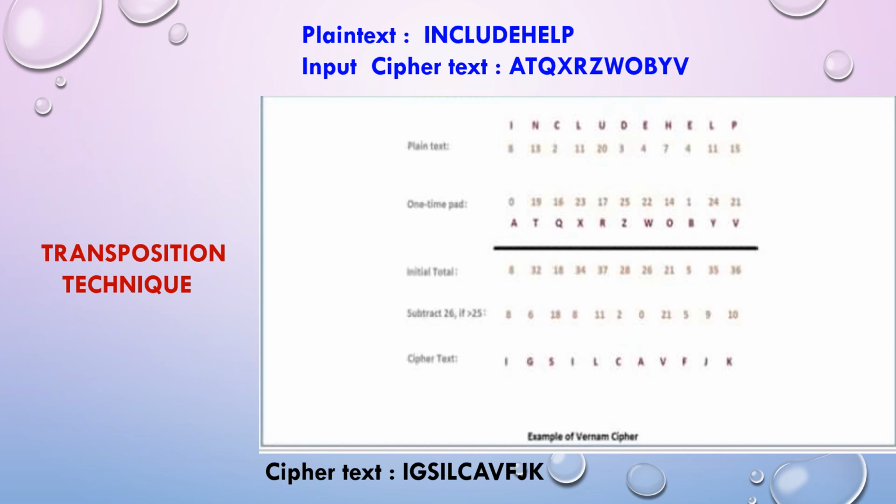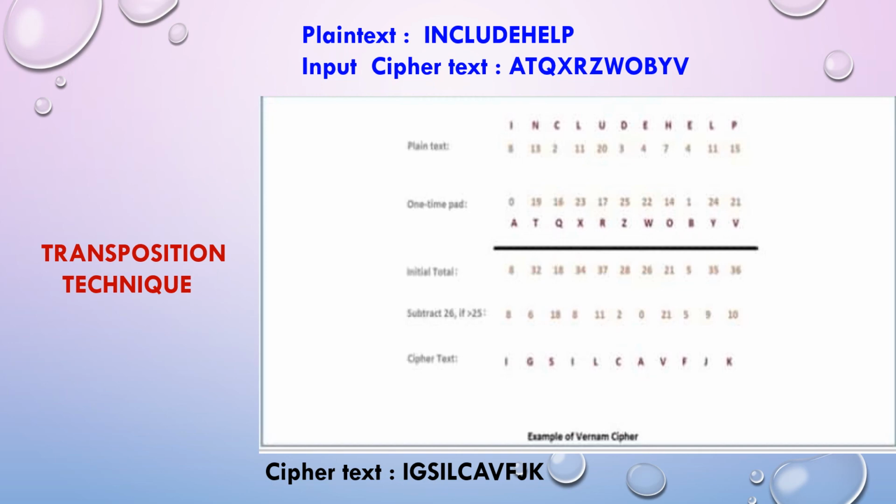Then we add the numbers from plain text to ciphertext. We get 8, 32, 18, 34, 37, 28, 26, 21, 5, 35, 36.